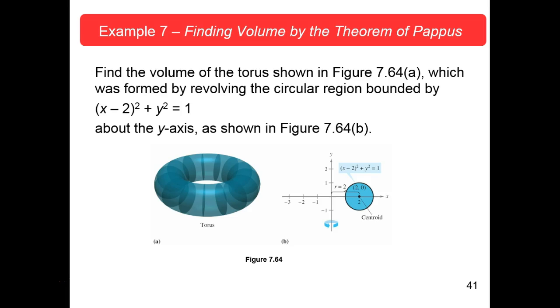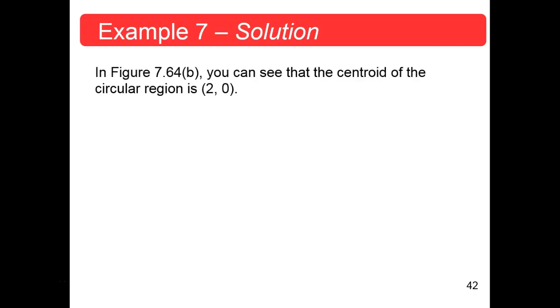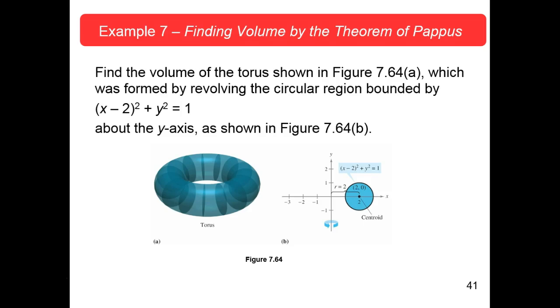Okay? Again, doing no calculus, but using what you found through calculus. So let's see. You can see that the centroid of the circular region is 2, 0. I hope you can see that, right? This circular region here has a center at 2, 0.